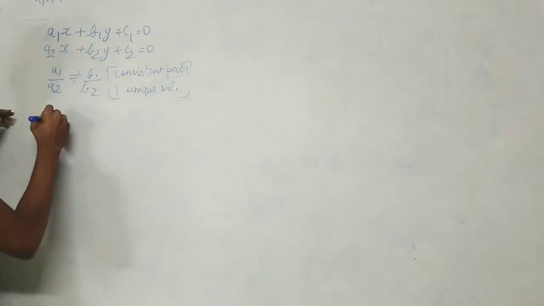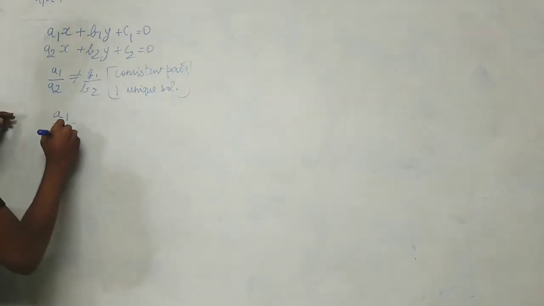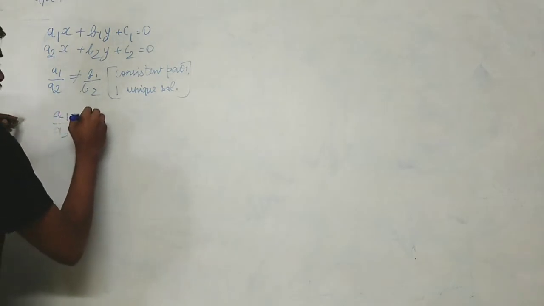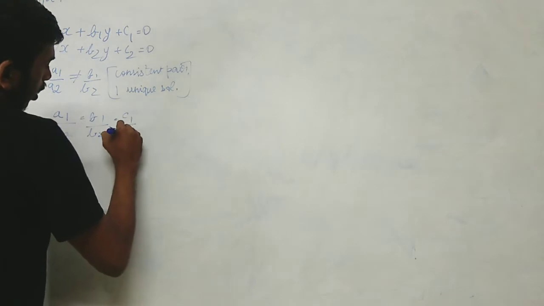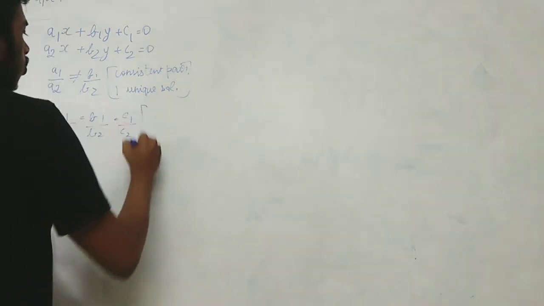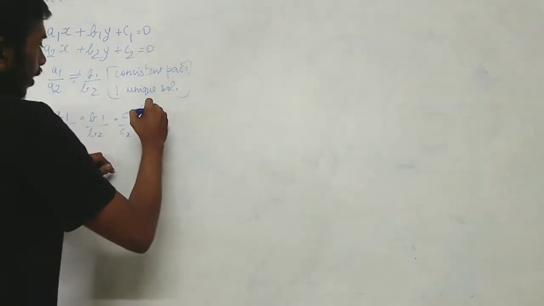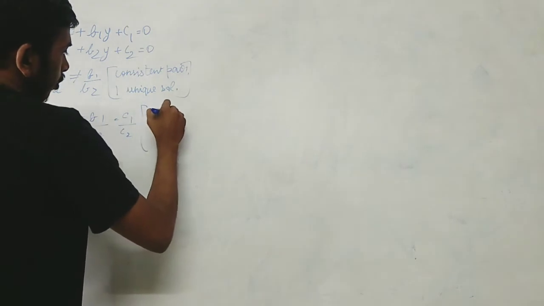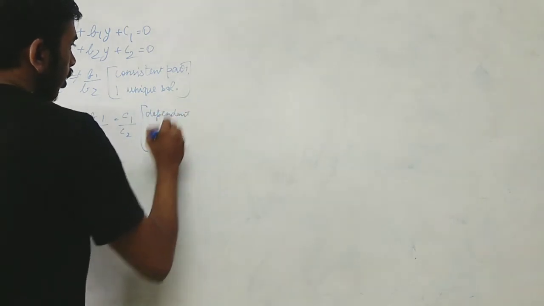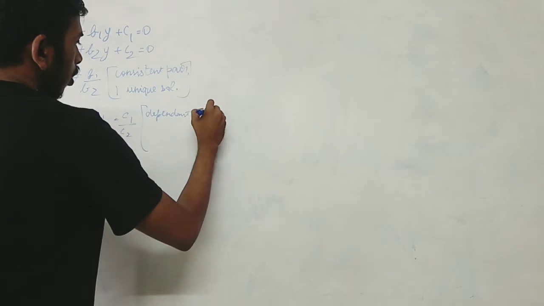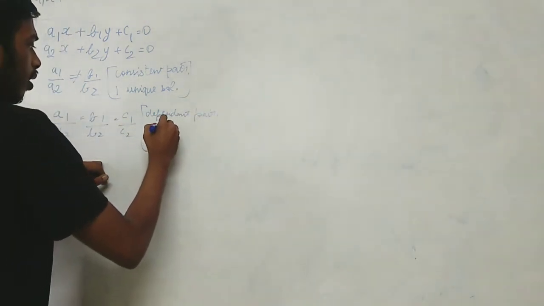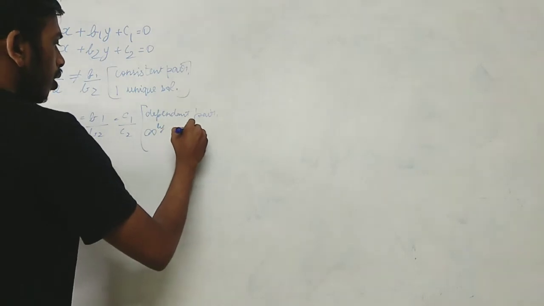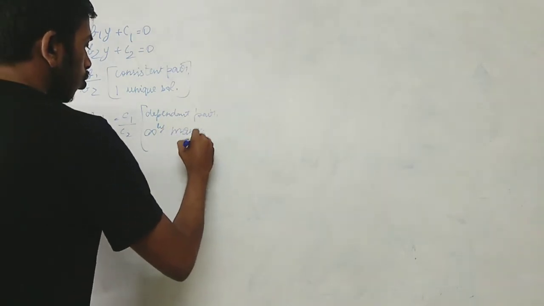Now if a1 by a2 equal to b1 by b2 equal to c1 by c2, this means it is a dependent pair and it has infinitely many solutions.